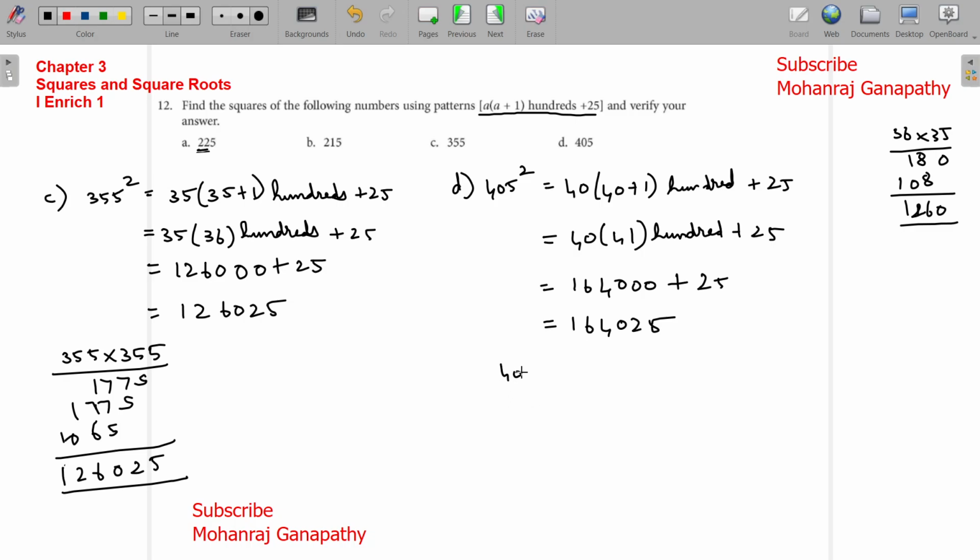We need to multiply 405 into 405. 5 5s are 25, 5 4s are 20, 4 5s are 20, 4 4s are 16. 164025. Is it clear?